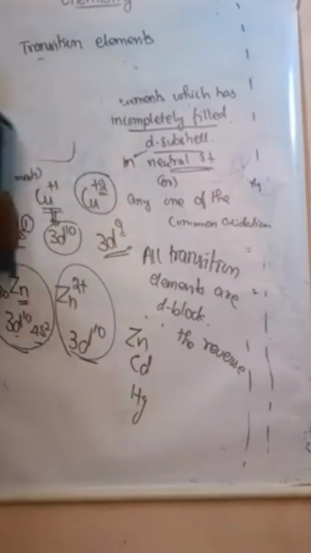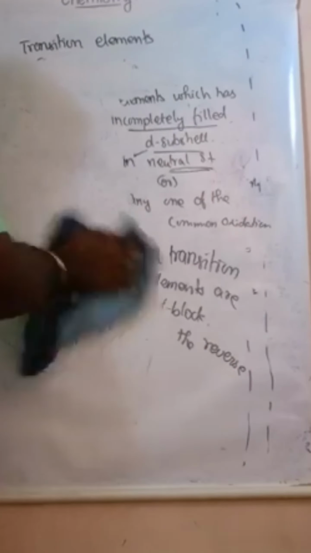Now we have to check whether cadmium and mercury are transition elements or not. For cadmium, the common oxidation state is Cd2+. Zinc has 3d10 4s2, so cadmium will have 4d10 5s2. So in Cd2+, it is 4d10.